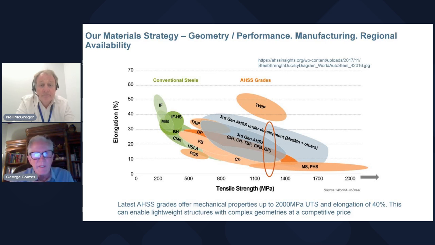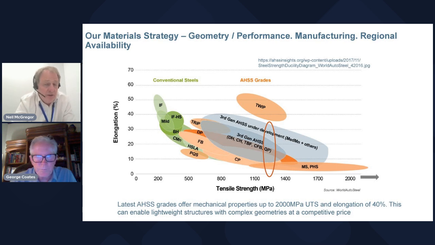Neil, given this kind of breadth of capabilities, how does that affect your design and material selection? From an engineering perspective, we're looking for lots of different characteristics and attributes in materials. You'll see later in the Steel E-Motive design, we need strengths in materials up to 2,000 megapascal, and the latest advanced high-strength steel grades enable that.